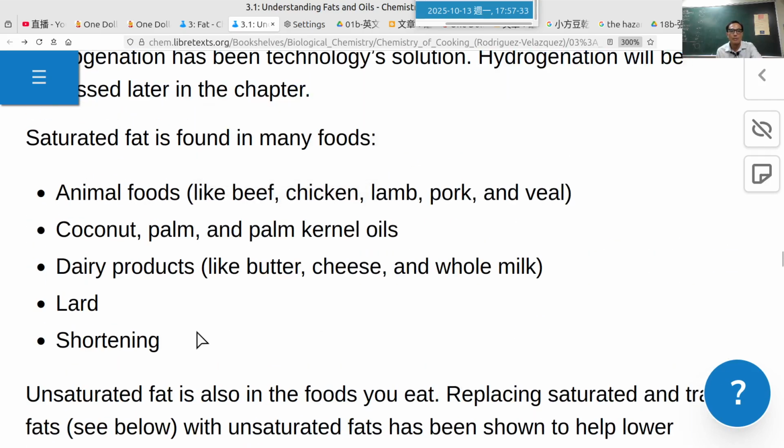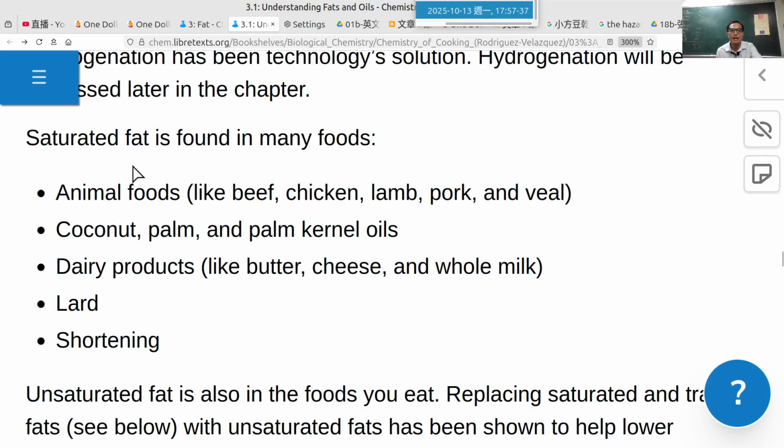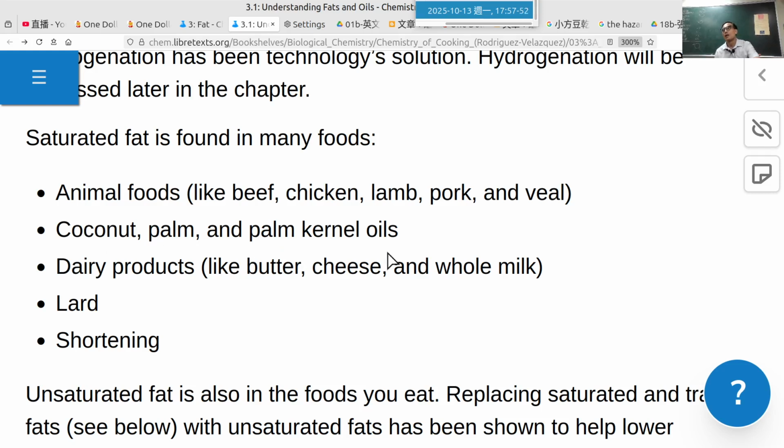Okay, let me finish now, then we can finish the course today. Saturated fat is found in many foods, animal foods like beef, chicken, lamb, pork, and veal, and also coconut, palm, and palm kernel oil. We Taiwanese buy edible plant oil from the supermarket.